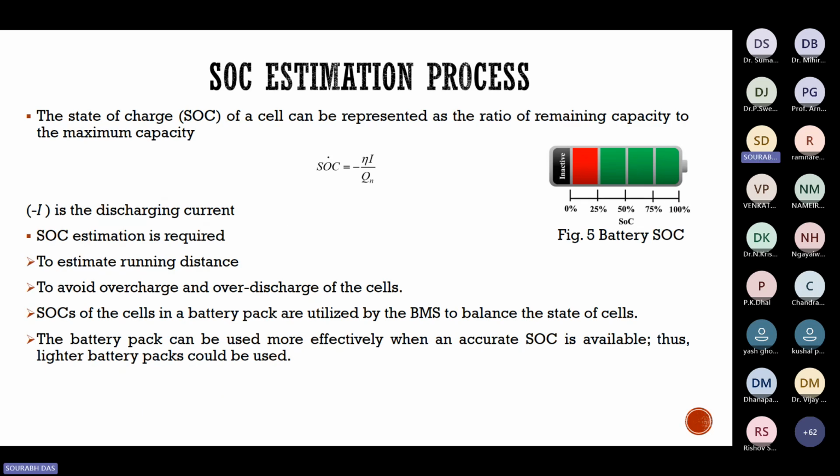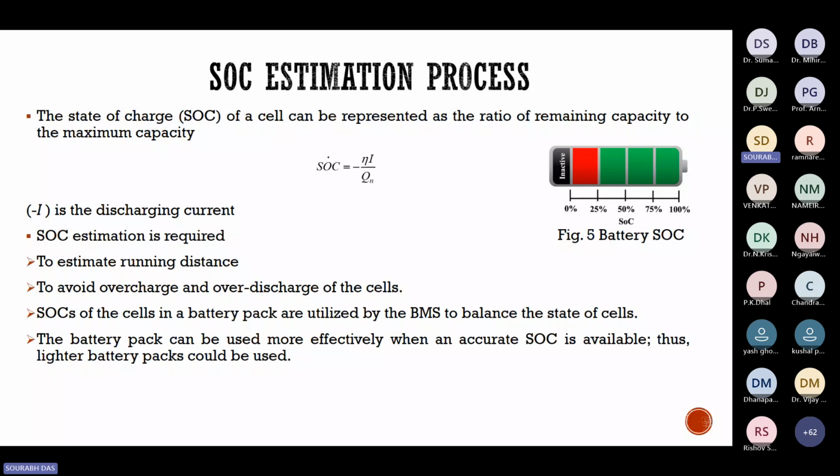Now I will discuss the SOC estimation process, as one of the major critical roles of the battery management system is to estimate the state of charge. So, what is state of charge?